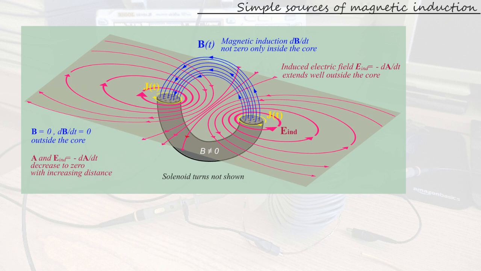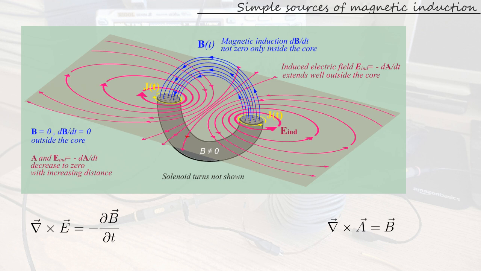If you are familiar with vector calculus, Faraday's law, the curl of E equal to minus dB/dt, tells you that the electric field curls around the field lines of magnetic induction, just like the magnetic vector potential A field lines curl around the lines of B.